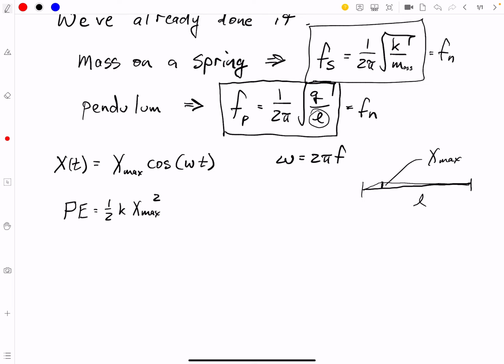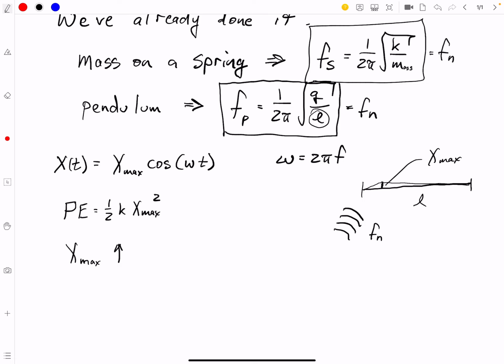But if we drive this string with an outside voice or something that is providing a sound wave at the same resonant frequency, then we will drive that system and it will accept the energy. It takes in that energy and it will grow. So x max will get bigger.